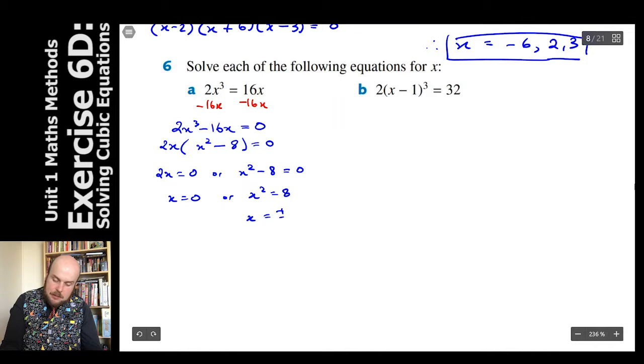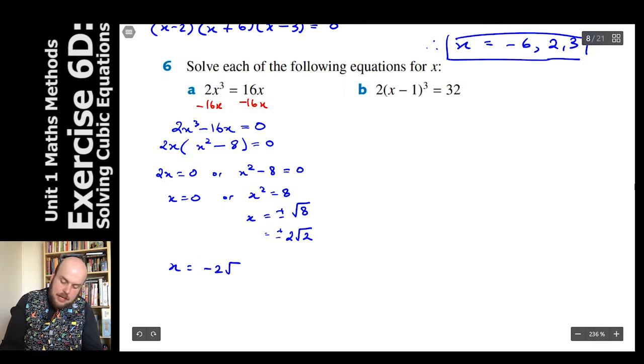x is equal to plus or minus the square root of 8, which we should always write as a most simplified surd. So that's going to be 2 root 2. So x is equal to 0, or negative 2 root 2, or 2 root 2.